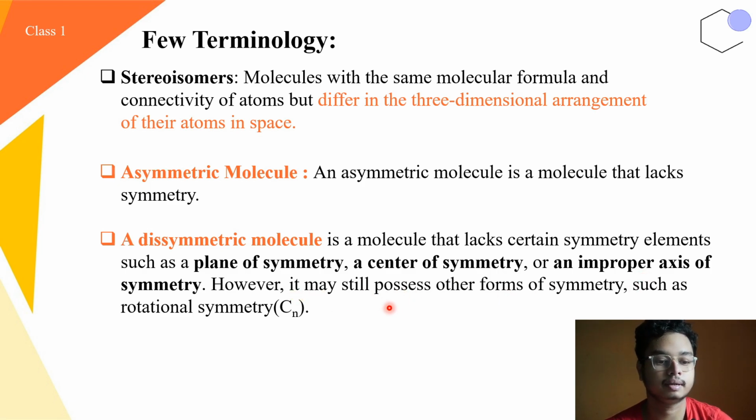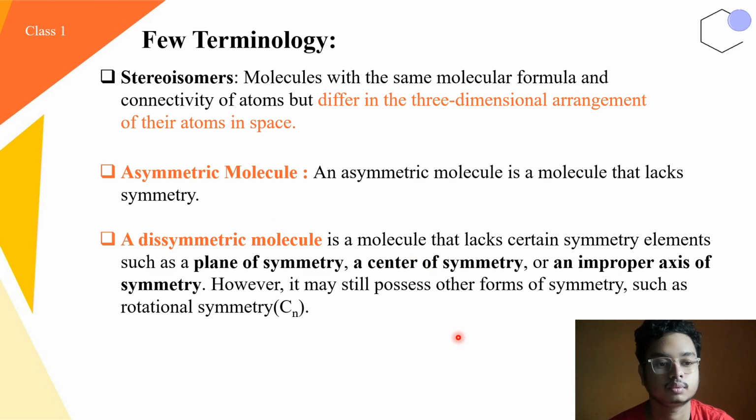It is not completely asymmetric; some symmetry elements are not present. We will understand these two with examples, but before that, in our next class we will talk about symmetry in brief, before going into the main stereochemistry.